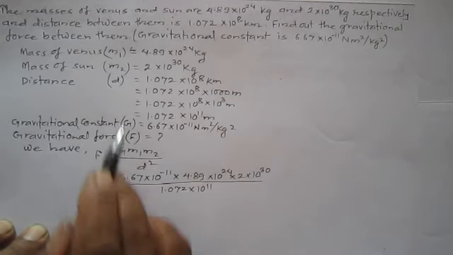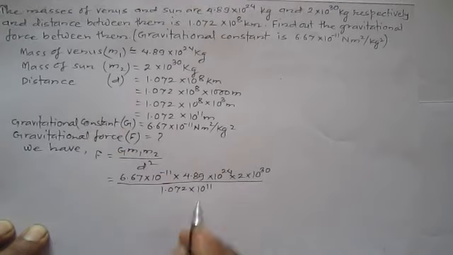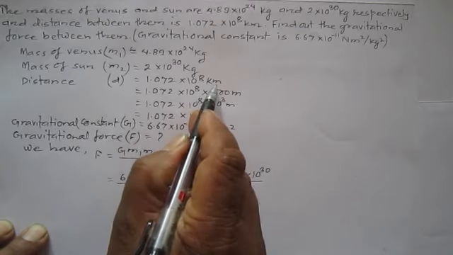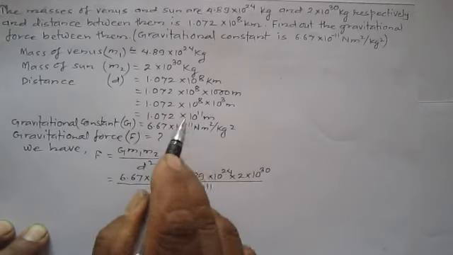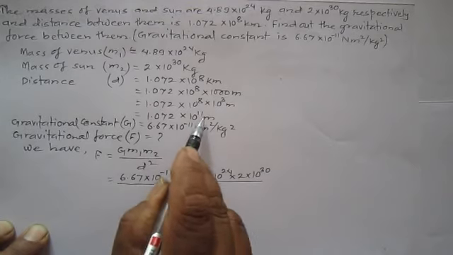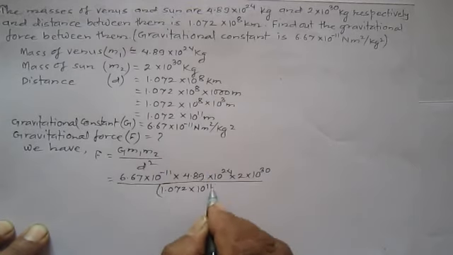The distance is given as 10 to the power 8 because that is in kilometer, but we already converted it into meter, 10 to the power 11. This much meter whole square.